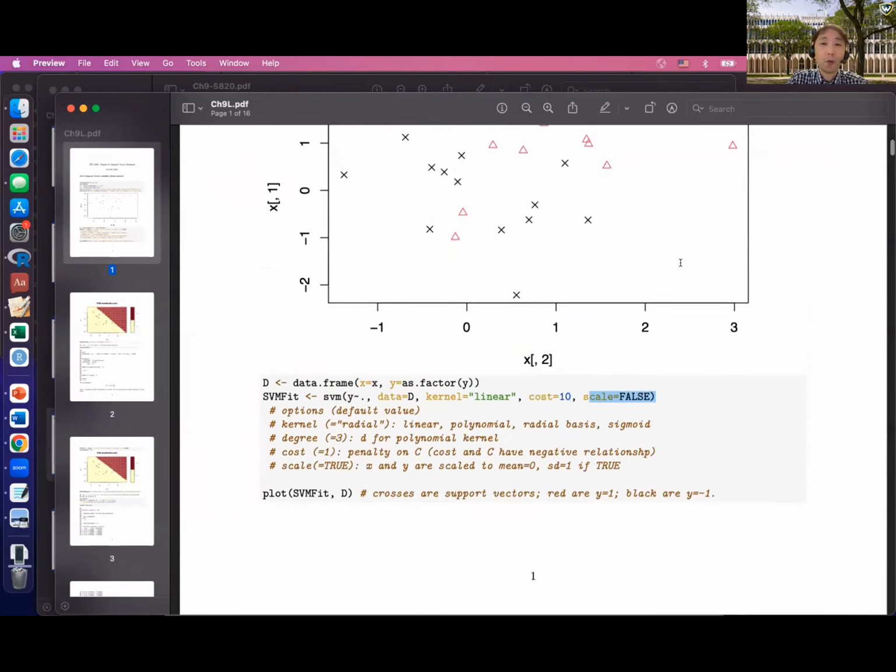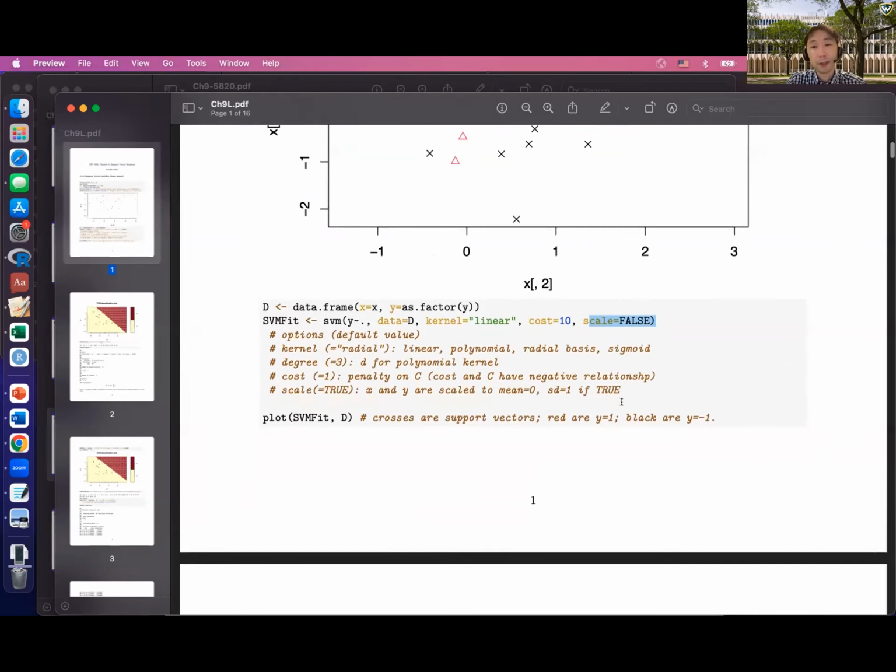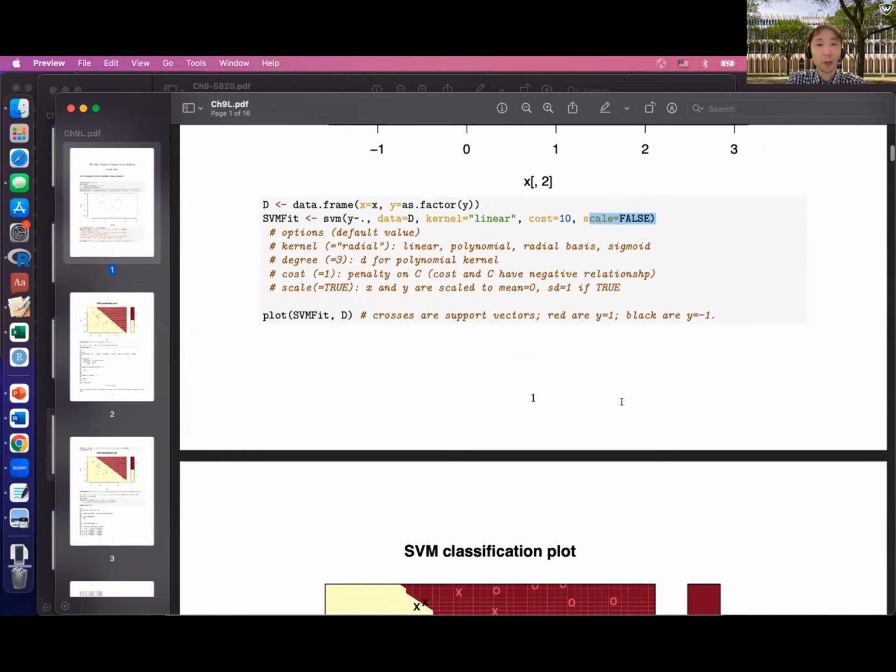The scale option is whether or not we scale x1 and x2. If true, then they are standardized, so the mean becomes 0 and the variance becomes 1. That makes more sense because we make the margin largest. If all variables are standardized, it probably makes more sense.